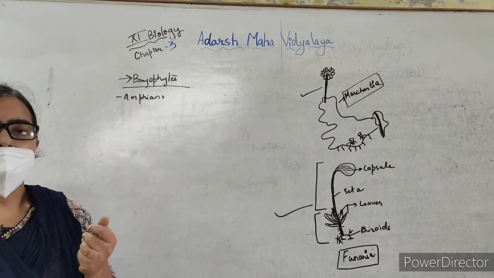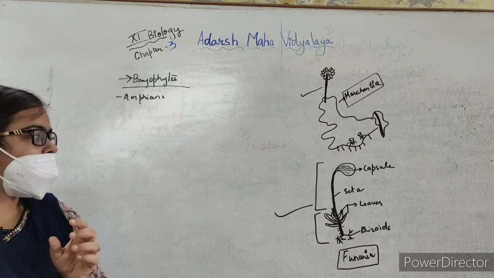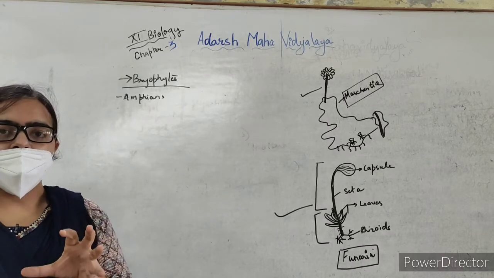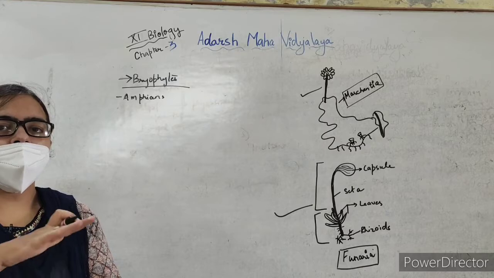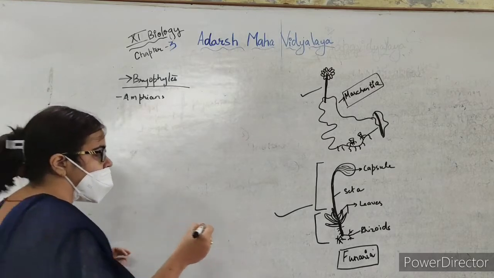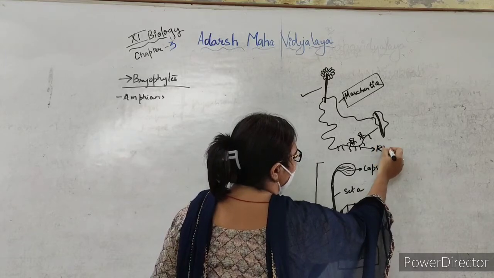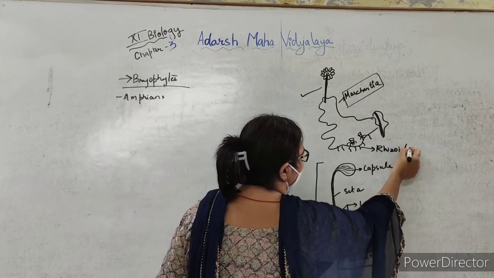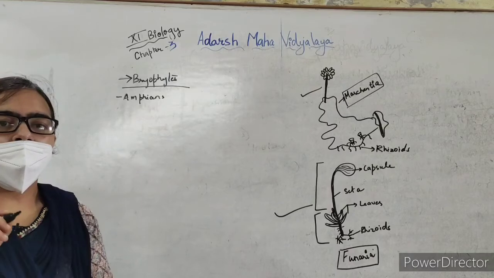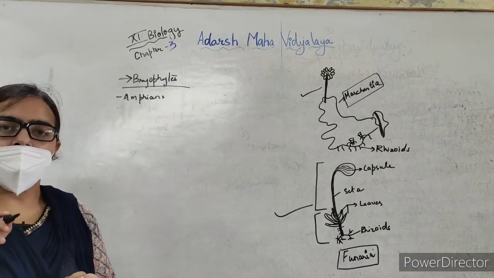Now they have some root-like structures which are called rhizoids, which help them attach to the substratum. You can see these here, these are rhizoids. They can be unicellular or multicellular.